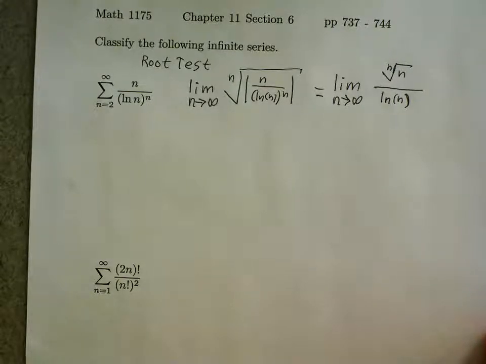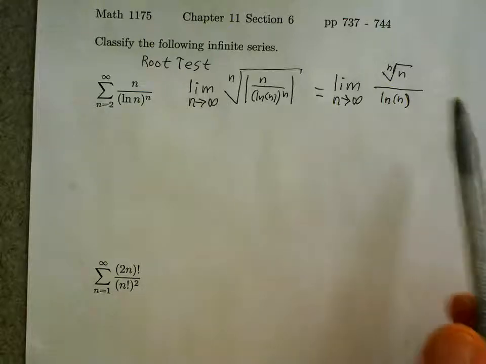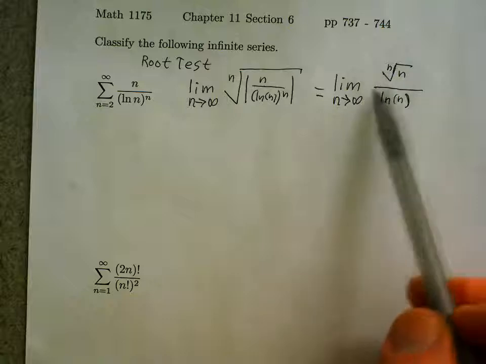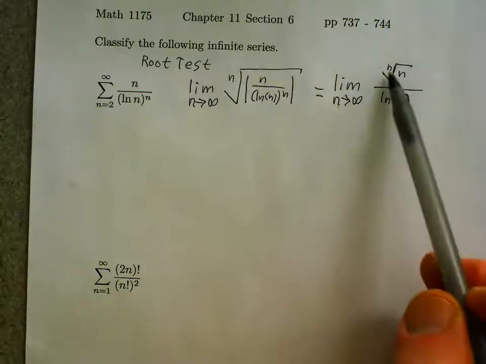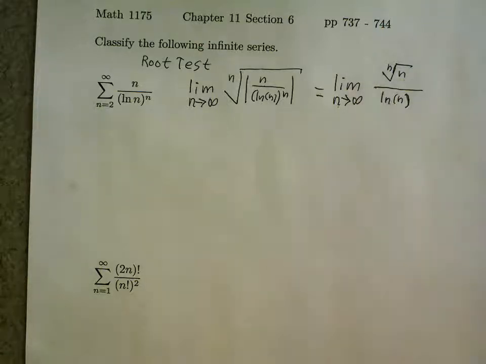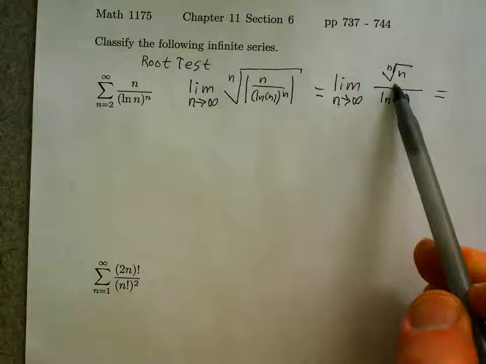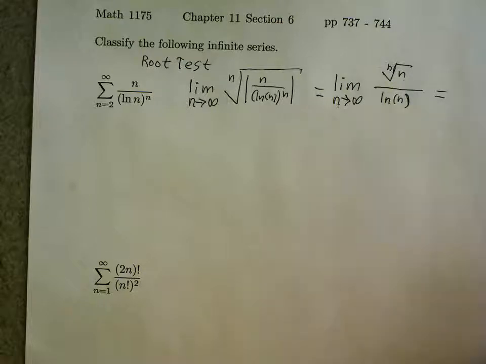Okay, what's going to happen? We have seen the limit of the nth root of n before. So the limit of the nth root of n is 1.